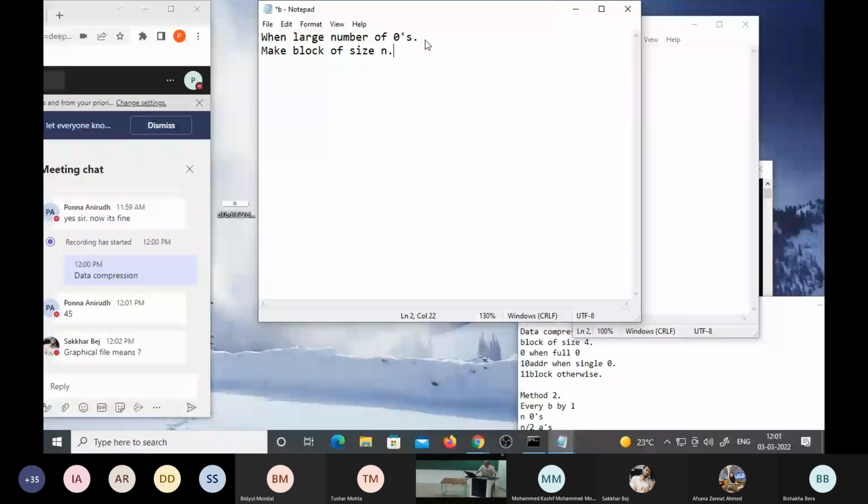Graphical file basically means pictures, photographs, images. Is it correct? Now, in this, a large amount of the data is zero. Now, we make blocks of size n.